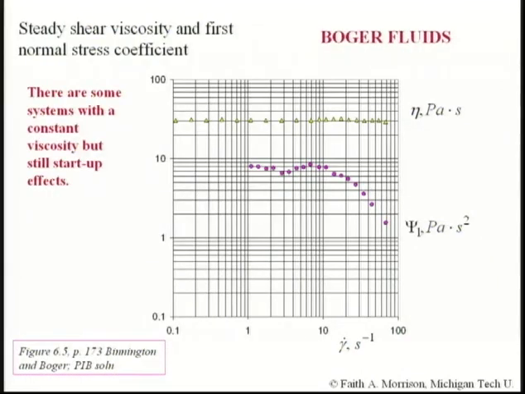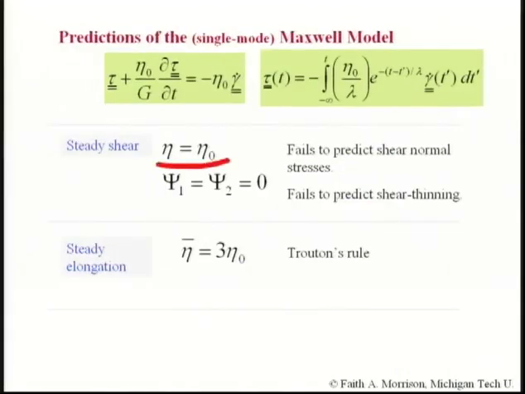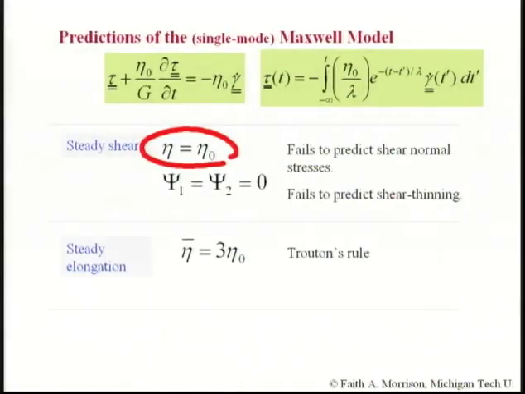Now, it may be a little, I don't know, discouraging to see that after all this work, we just got a Newtonian model, okay? It's not Newtonian. We're going to see, for instance, in the step strain experiment, and in startup, and in the small amplitude oscillatory shear that we don't predict the same as the Newtonian. So something having a constant viscosity doesn't mean it's Newtonian.